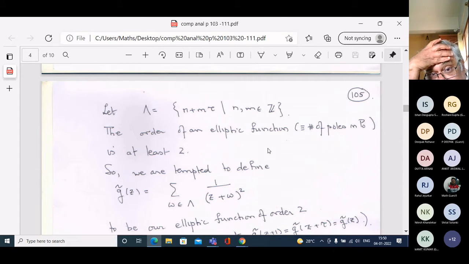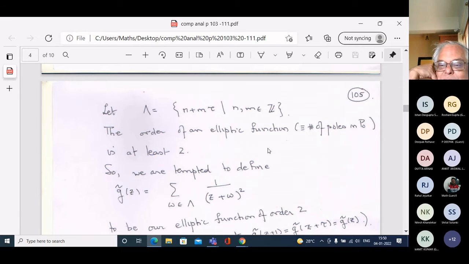Okay, and it's a good exercise to understand that when you sum up over all n and m, this sum is not summable, in the same way that summation of 1 over n is not summable in one dimension. In the same way, 1 over mod n plus mod m, squared, is not summable over the plane.